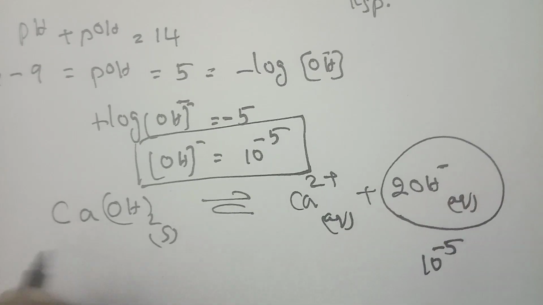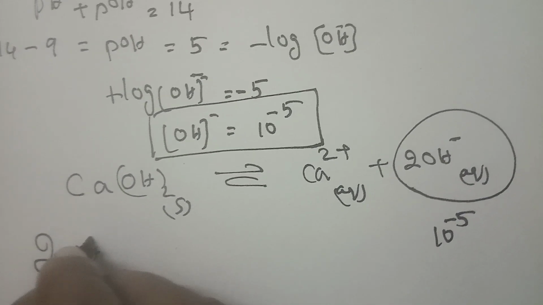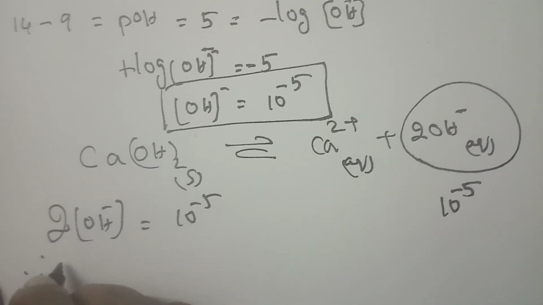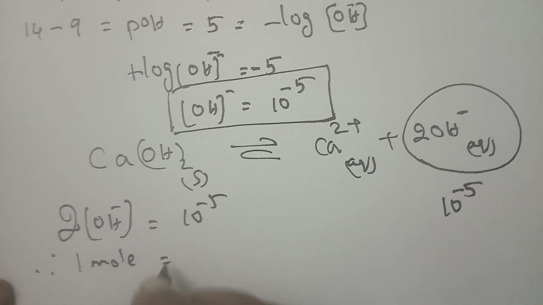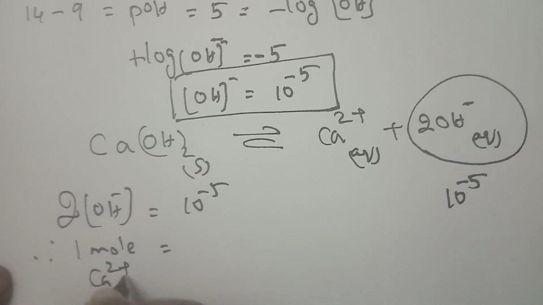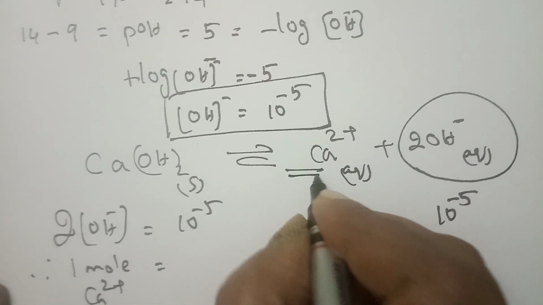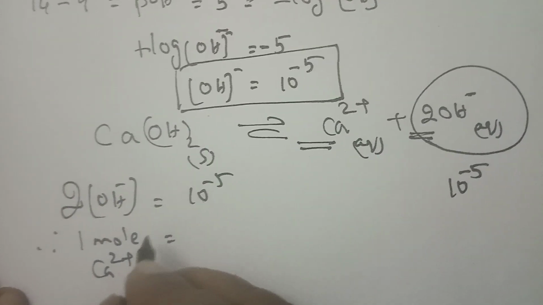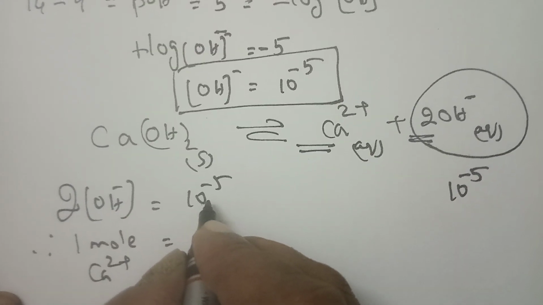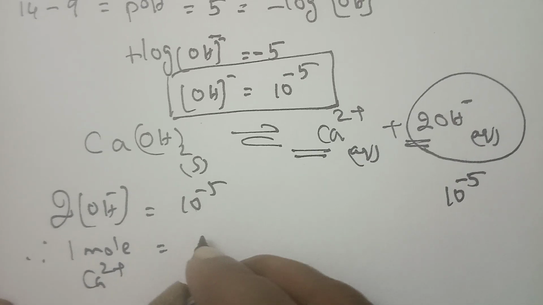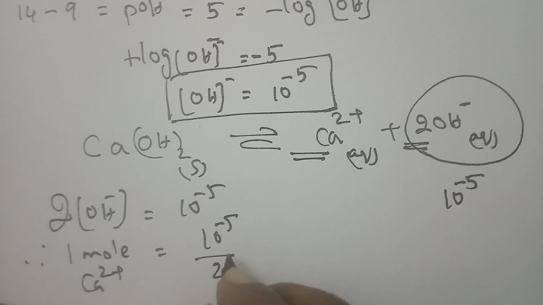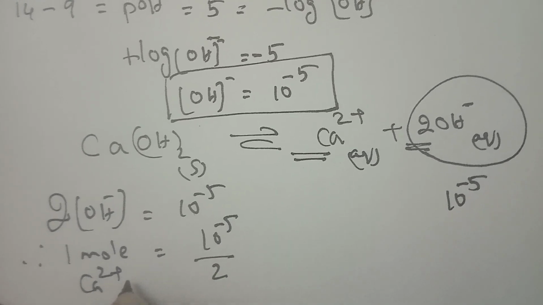So 2 moles of OH is equal to 10 power minus 5. Therefore 1 mole, for calcium, is half of this, because the stoichiometry of calcium is 1 and OH is 2. So calcium concentration is 10 power minus 5 divided by 2.